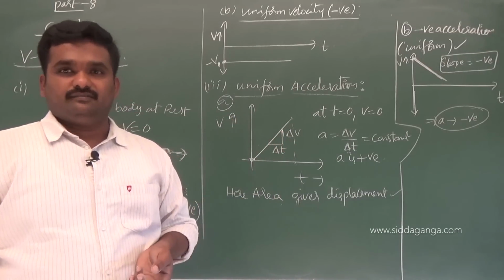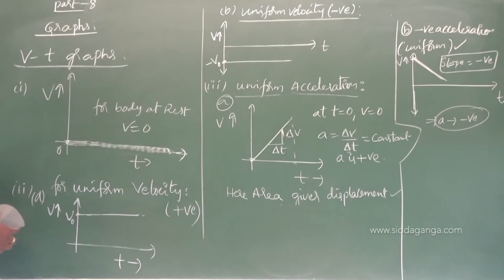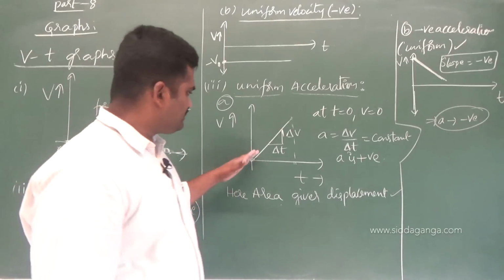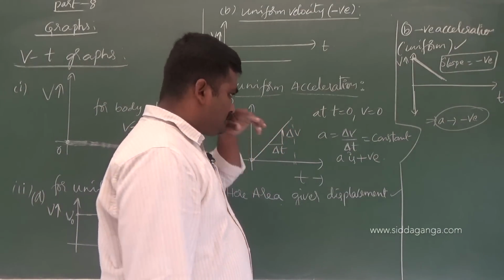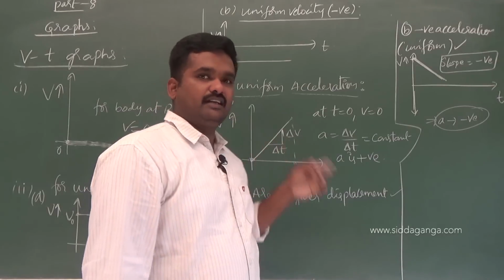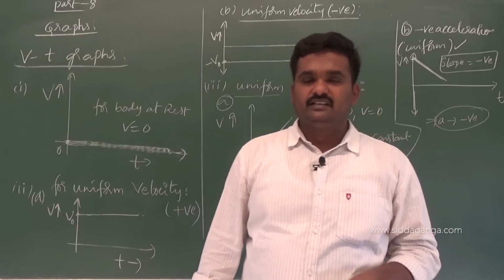Non-uniform acceleration, what is that? Non-uniform acceleration for displacement in terms of velocity time. Non-uniform acceleration means it's not a straight line. Just like the equations which we have written earlier, for the displacement time graph, uniform velocity we have written, right?